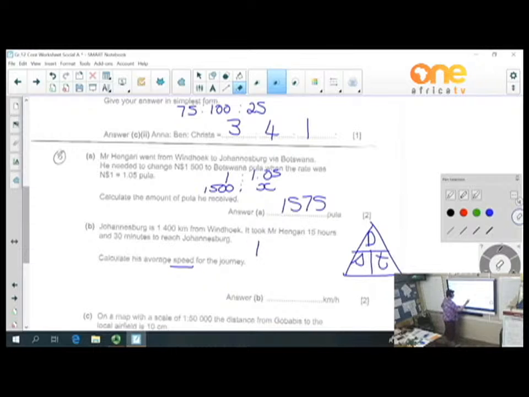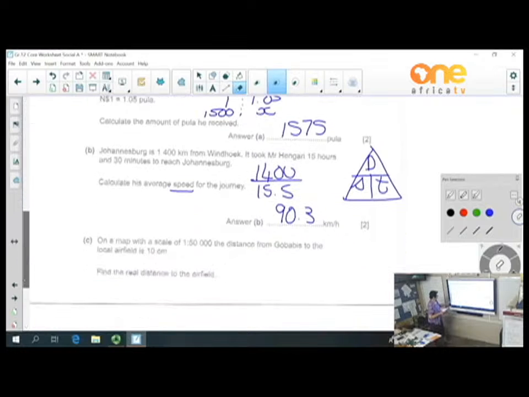But now the time is 15 hours and 30 minutes, which is what? Yeah, 15.5. We change the minutes to hours. And what is then his speed? I got 90.3 kilometers per hour. We round off to 3 significant figures.